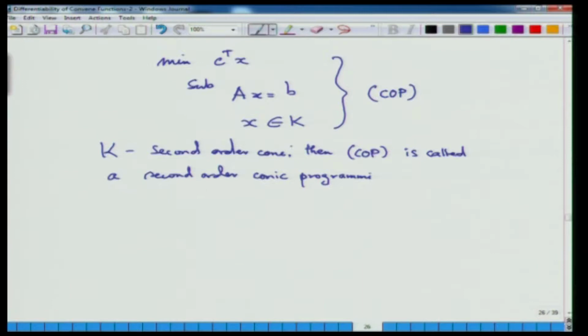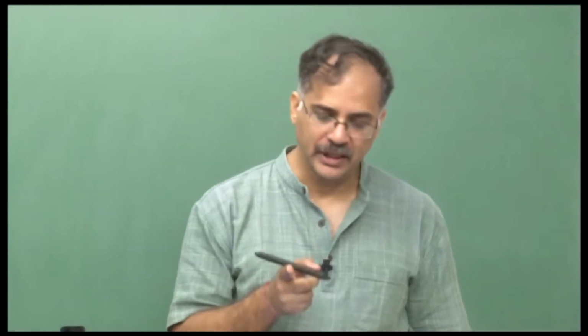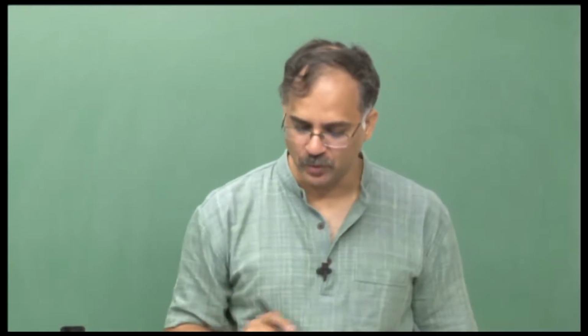So, this is not a linear programming problem in general, but a convex programming problem, because my final feasible set is not polyhedral. If my final feasible set is not polyhedral, I cannot call such a problem a linear programming problem.